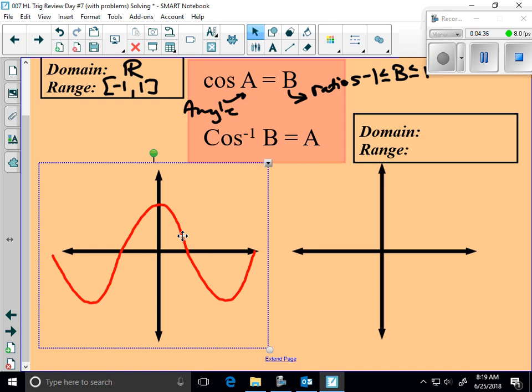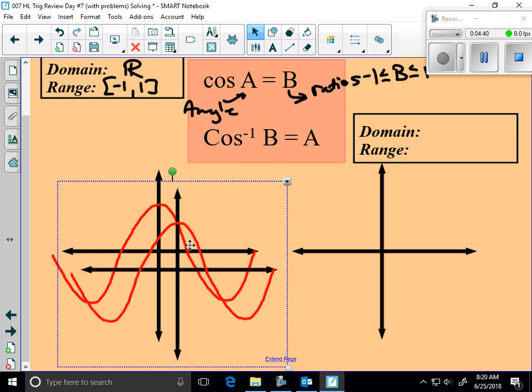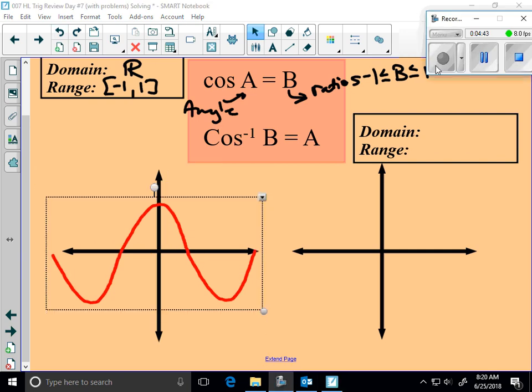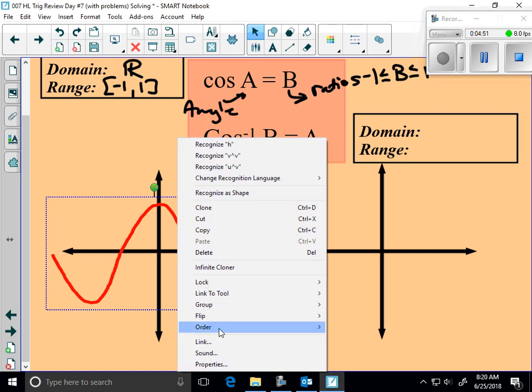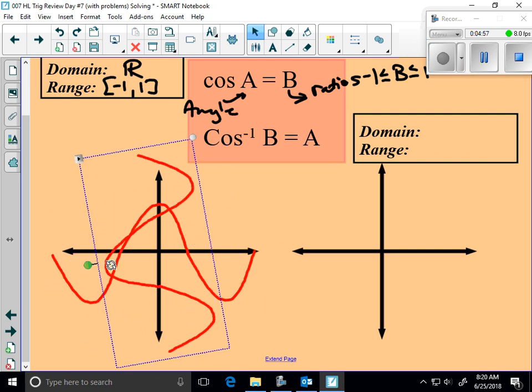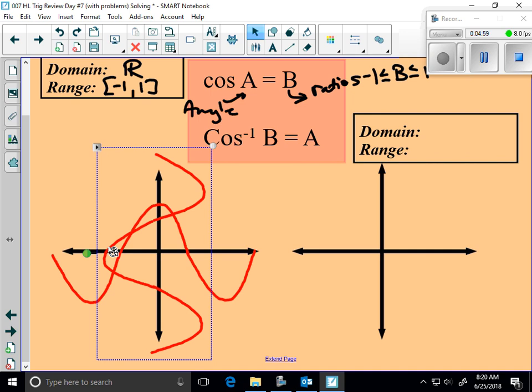Let's duplicate it. Come on, duplicate. Oh, I didn't want that. Let's go back. Okay, so I've duplicated this graph. Let's go ahead and reflect it left and right, and then rotate.